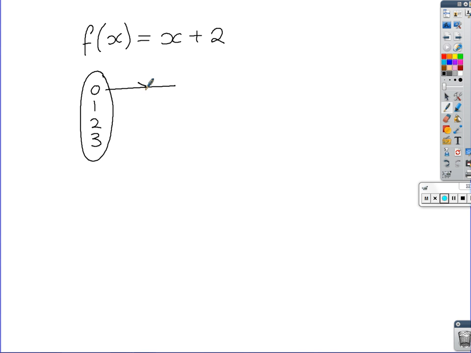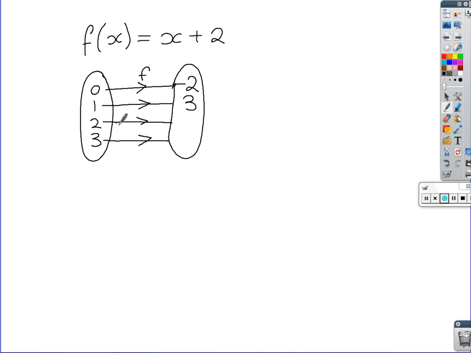Operating f on these numbers means that 0, 1, 2, 3 in the domain map to numbers in the range. So 0 maps to 0 add 2, which is 2. Now we take 1 and we add 2, which is 3, 4 and 5.